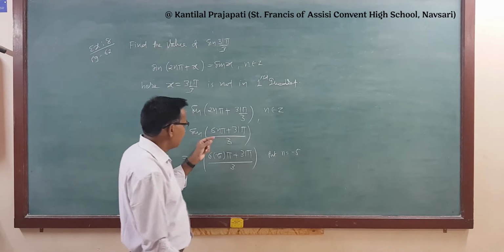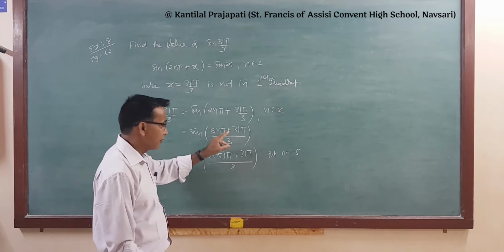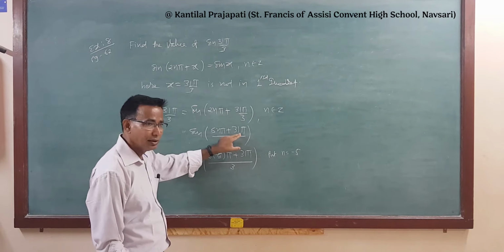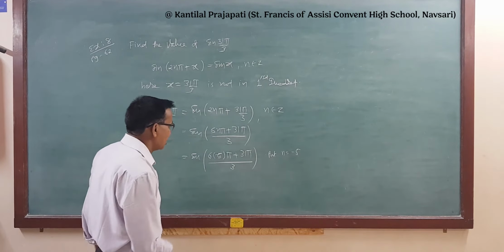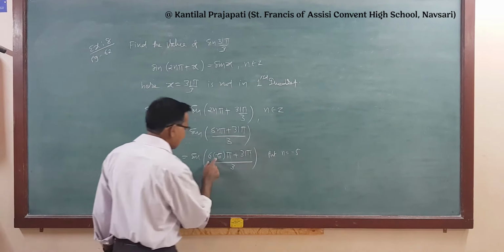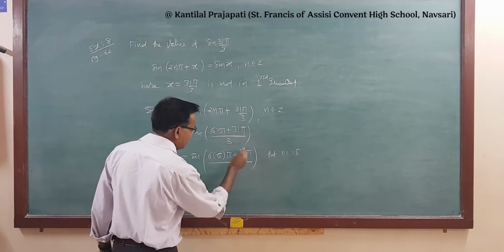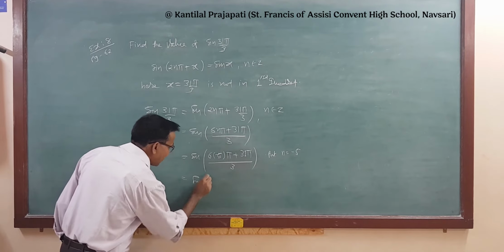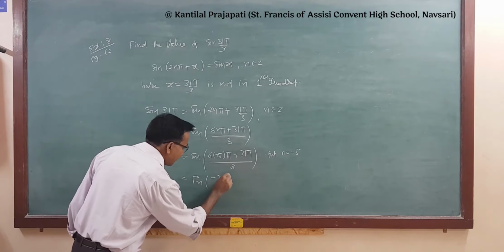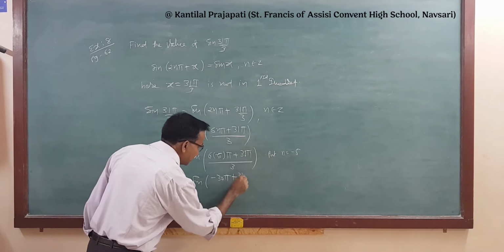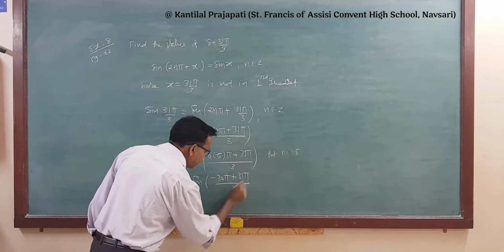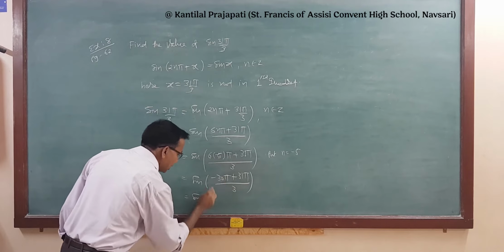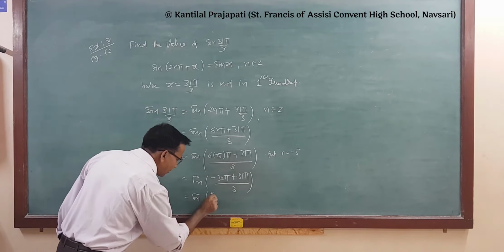We have to take the value of n such that 6 times 5 will be nearest to 31 pi. So put n equal to minus 5. We get minus 30 pi, which is nearest to 31 pi. So we write sin of minus 30 pi plus 31 pi by 3, which is equal to sin pi by 3.